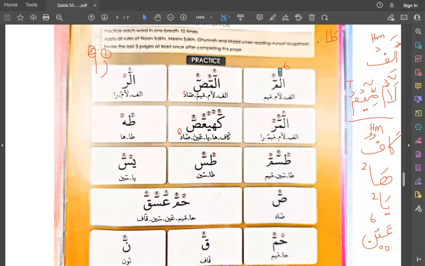So there is no second letter at the end, so it will be two counts long.